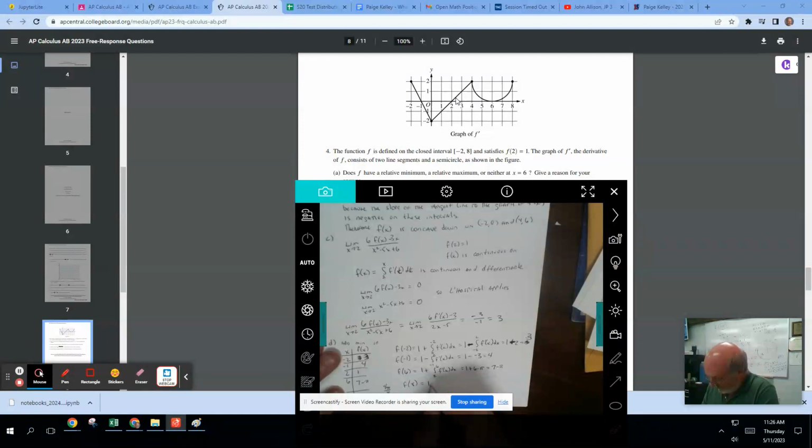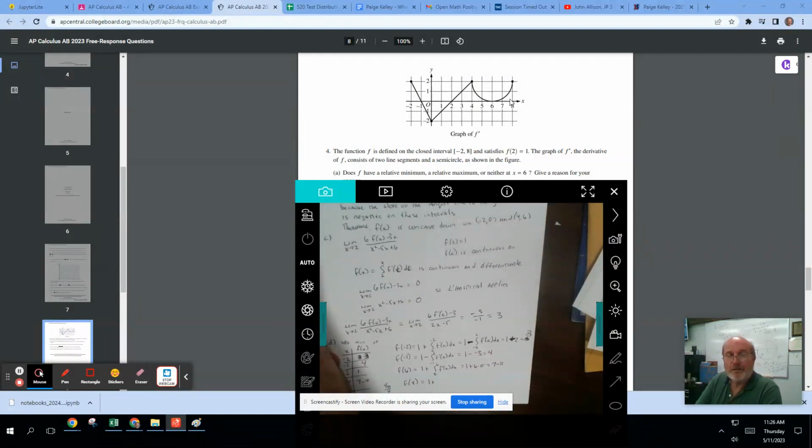F of 8 is going to be 1 plus, if this was pi, or sorry, 4 minus pi, and 4 minus pi is going to be 8 minus 2 pi. So this is going to be 1 plus 2 plus 8 minus 2 pi plus 6 minus pi. Did we get that right?